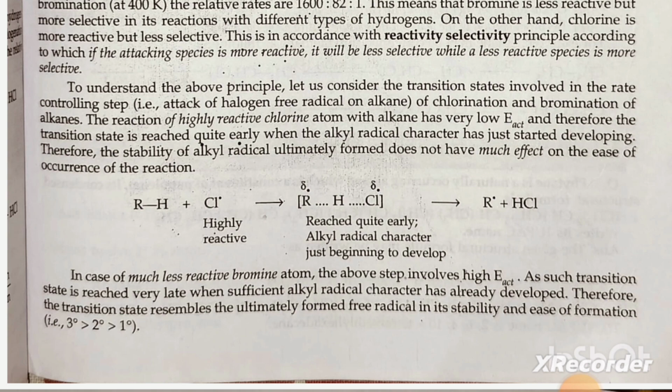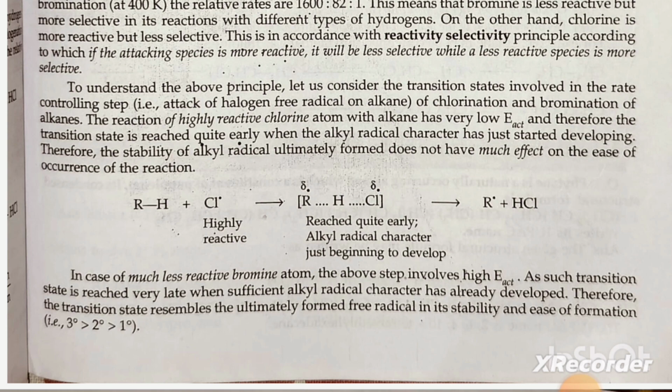Therefore, the stability of the alkyl radical ultimately formed does not have much effect on the ease of occurrence of the reaction. RH plus Cl radical, highly reactive, gives rise to R radical, dotted line H, dotted line Cl radical. Reached quite early, alkyl radical character just beginning to develop, gives rise to R radical plus HCl.